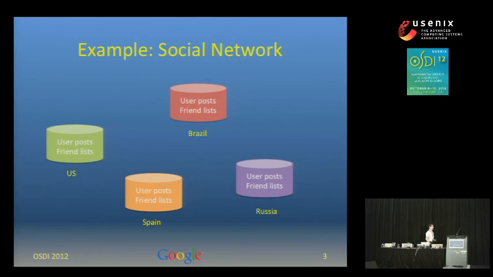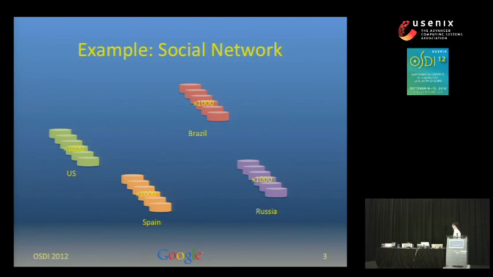So in this example picture, we have 4 separate continents. We're storing data in four countries in those continents. Even more complicated than that, we're sharding data thousands of ways so that we can spread the load across thousands of machines in our data centers. Even more complicated than that, we're replicating that data across data centers.